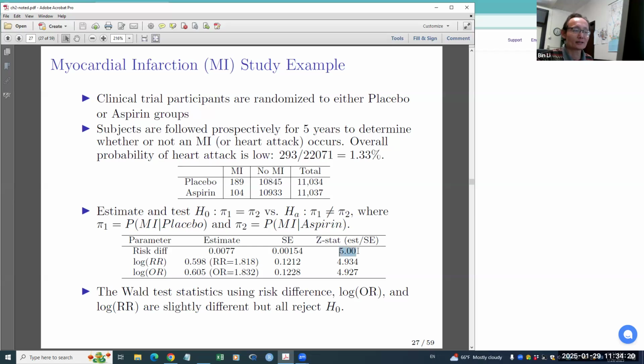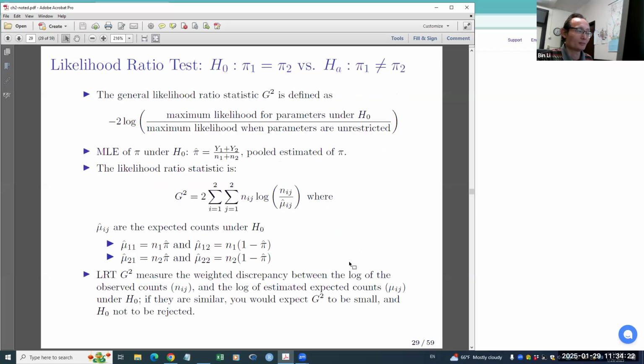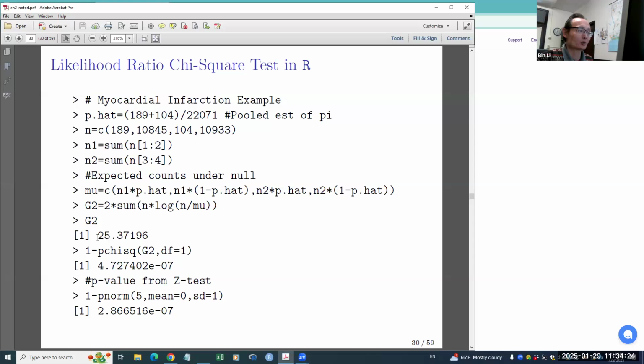Why? Because you can see the z-test is 5, but for this one, its chi-square is 25. And remember, the chi-square with degree of freedom equal to 1 is the same as the z square, right? So here, for the z, we have 5, but for the chi-square, we have 25.